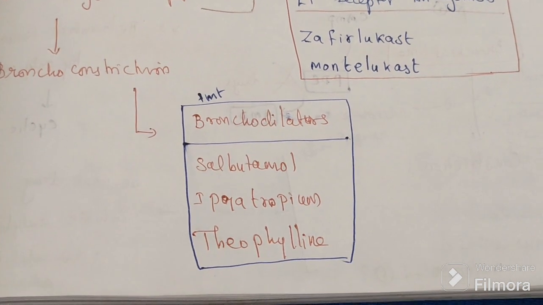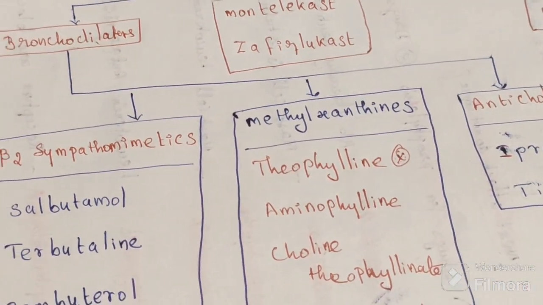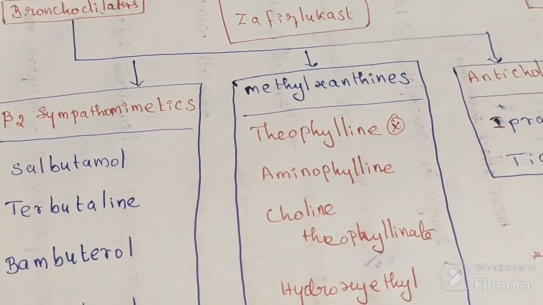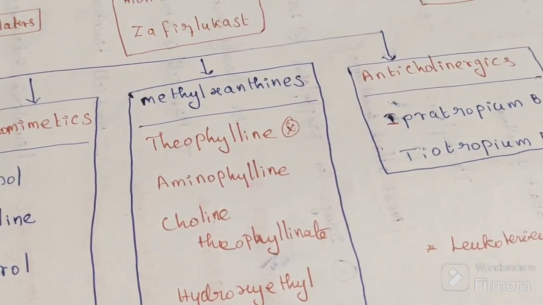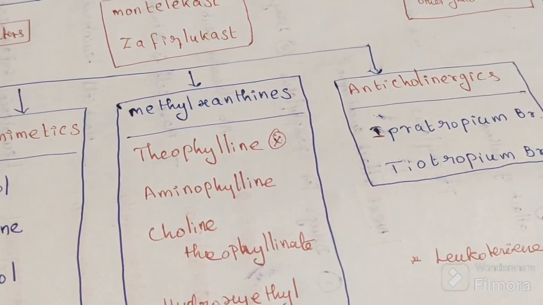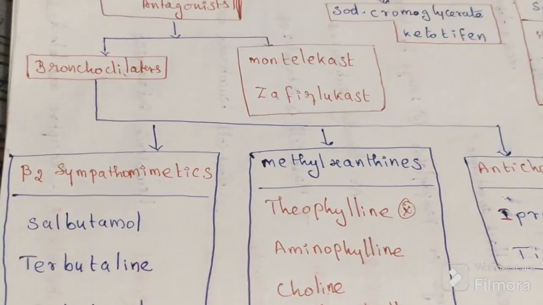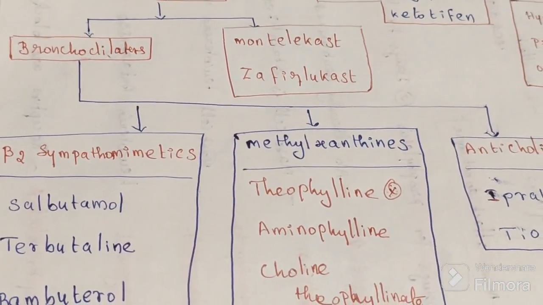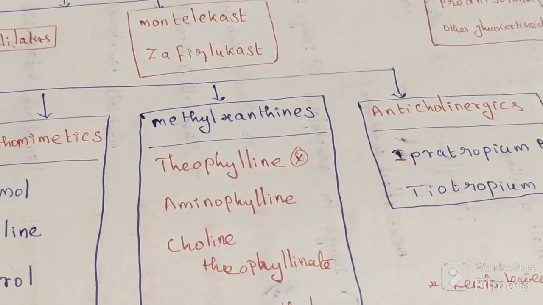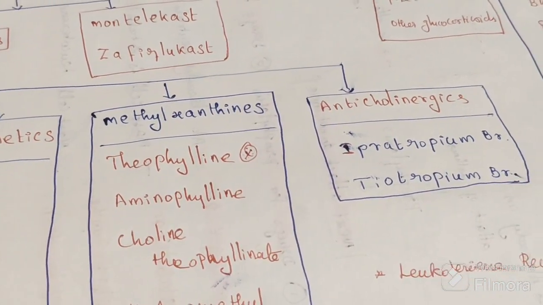Finally, bronchodilators are of three types: beta 2 sympathomimetics, methylxanthines and anticholinergic drugs.